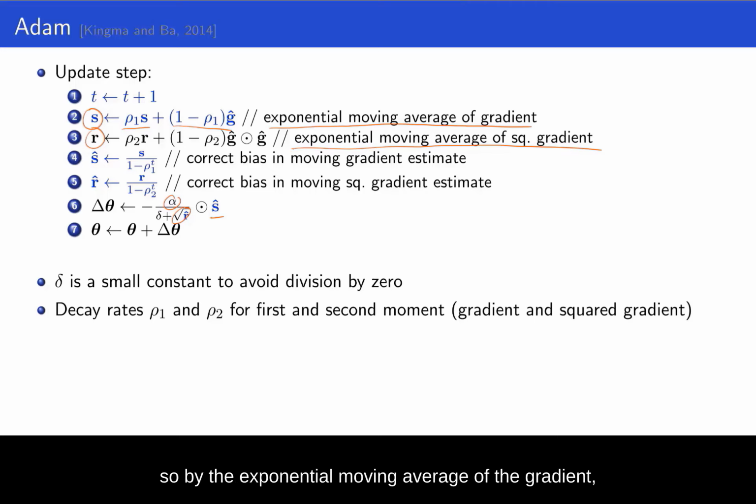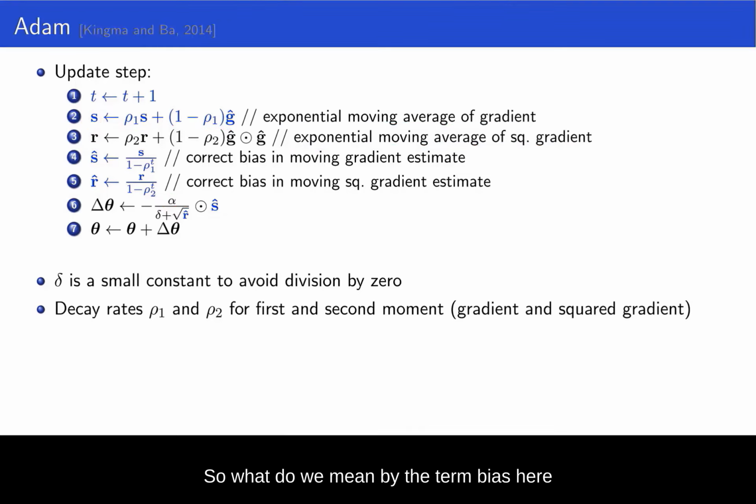So by the exponential moving average of the gradient, something that's also just a more stable gradient estimate. And another thing that Adam added over previous algorithms is this bias correction.